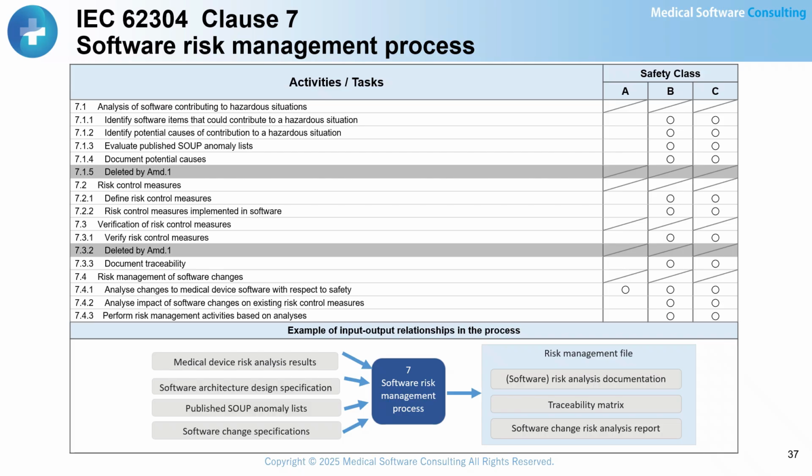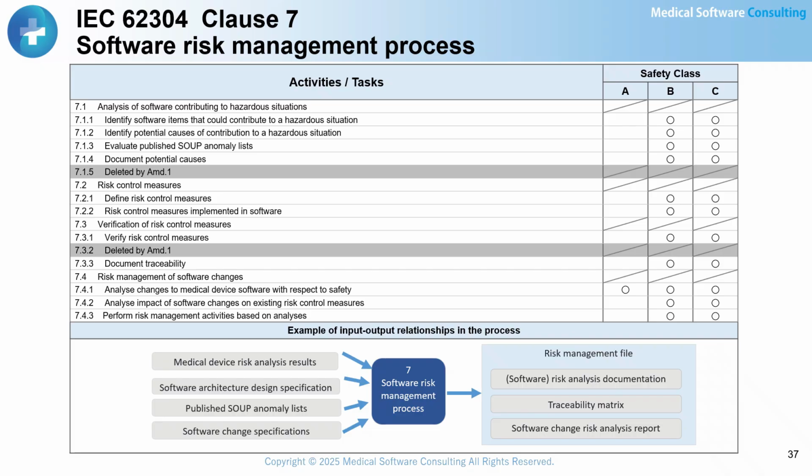Therefore, it is essential to analyze and identify software items that could contribute to hazardous situations as part of the software risk management process. Once such software items are identified, the next step is to determine their potential causes.